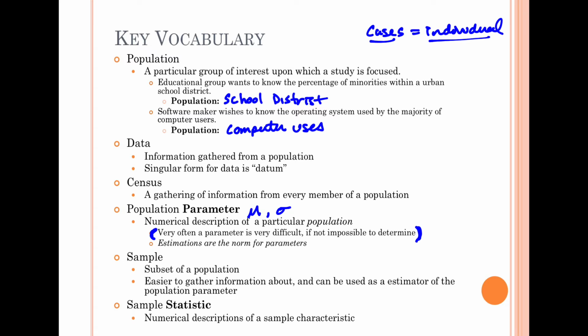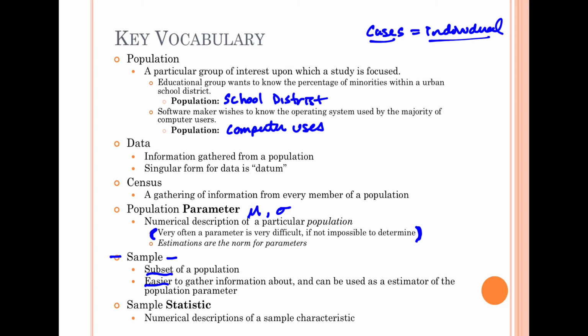In fact, most of the time, population numbers are too hard to come by, so we settle with collecting samples from those populations. A sample is simply a subset of the population, and we do it because it's easier. It's easier for us to gather information from a sample versus an entire population, and it's usually a pretty good estimate.